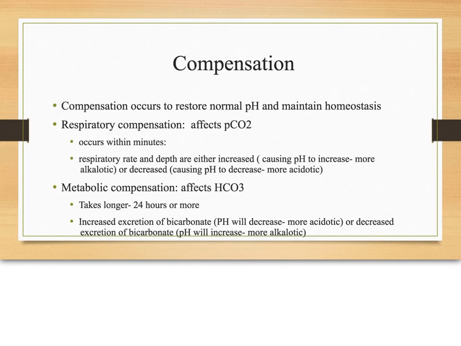So let's define compensation and talk about why it is so important. Compensation is what the body does to try to restore the pH back to the normal range and maintain homeostasis. If the pH is out of balance, a lot of bad things happen.